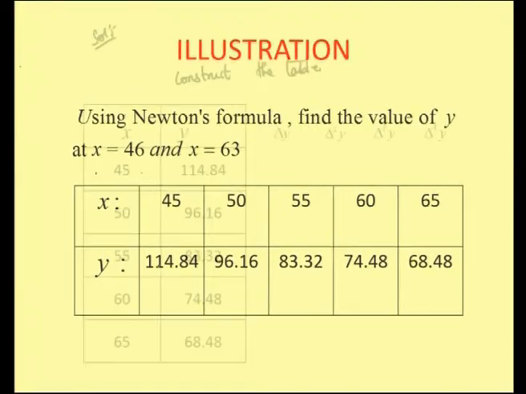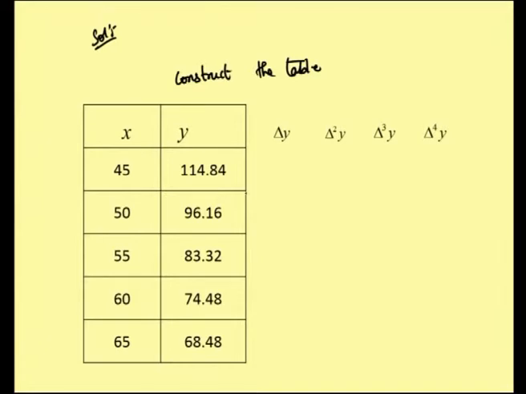Let us find out. We shall construct this forward difference table. x values are equally spaced at 5. We shall find out del y, del square y, etc. First of all, we will find del y. The first value is 96.16 minus 114.84 and it is minus 18.68, and it is written in between 96.16 and 114.84.